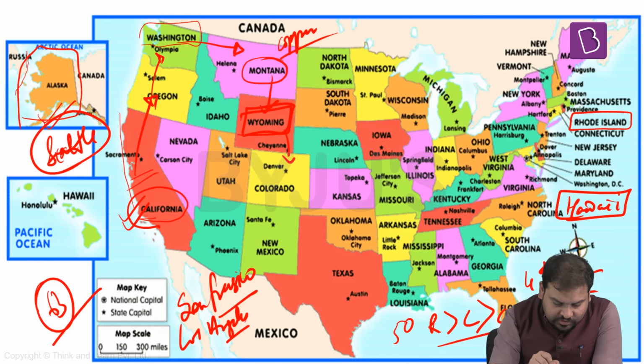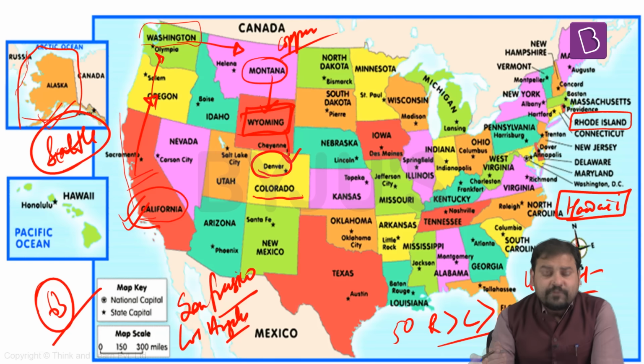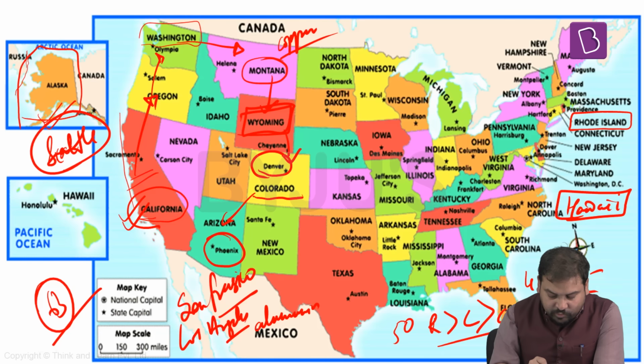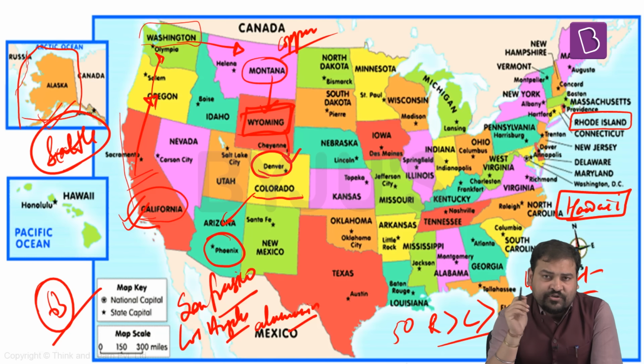Moving south, we reach the Colorado state, which has its capital at Denver, known for its oil refining industry. In the south, you have Arizona with its capital at Phoenix, known as one of the largest producers of aluminum and iron steel manufacturing centers.